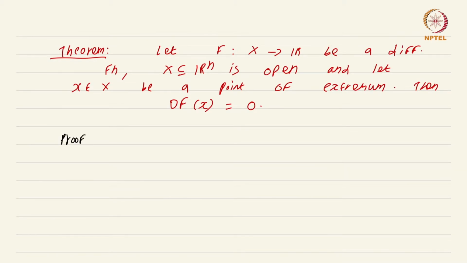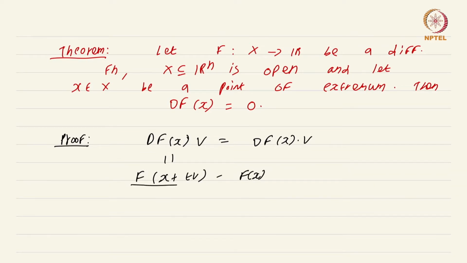Proof. So I'm just going to show that all directional derivatives vanish and therefore the gradient also vanishes. We know that the directional derivative D_v f(x) is nothing but gradient of f(x) dot v, and this is by definition equal to the limit as t goes to 0 of (f(x plus tv) minus f(x)) by t.